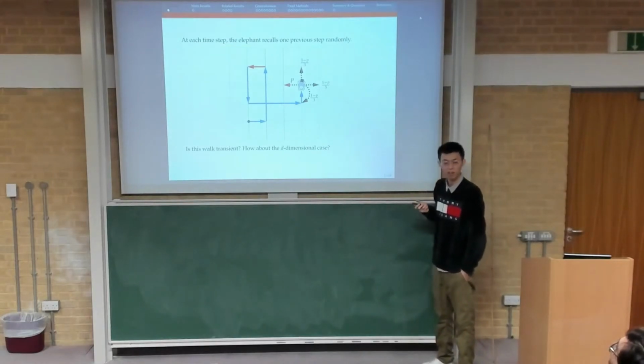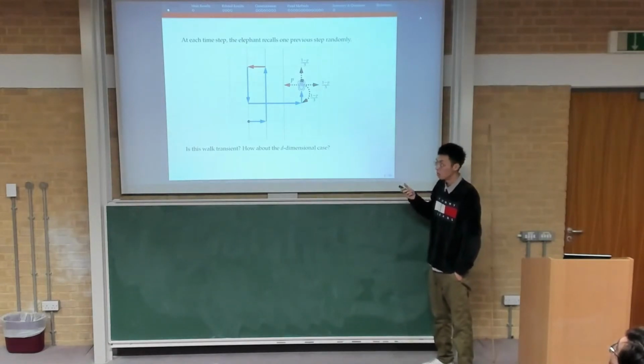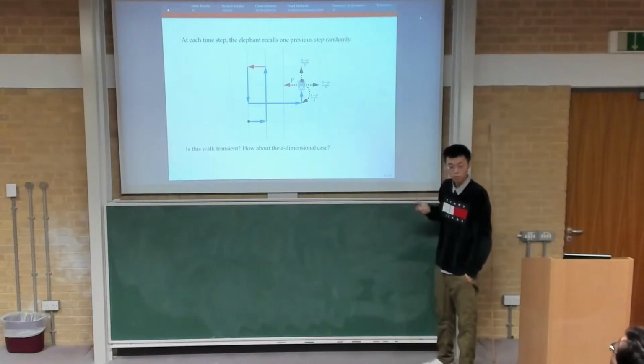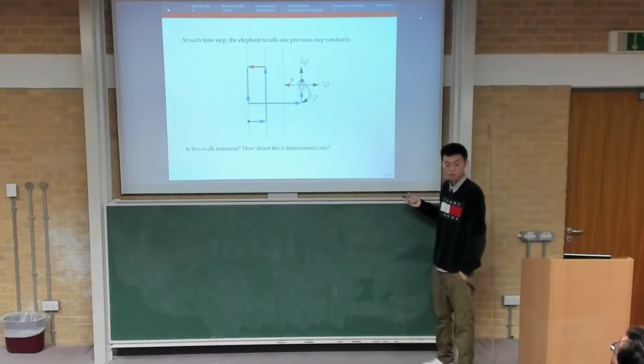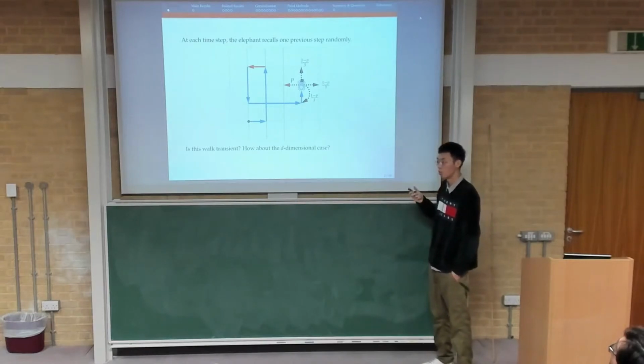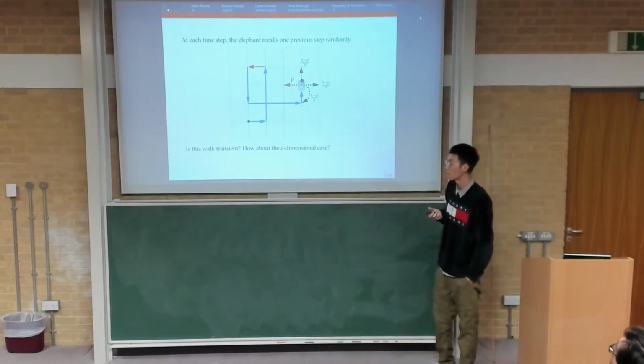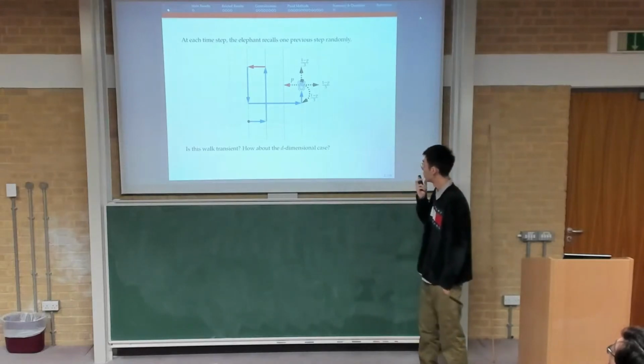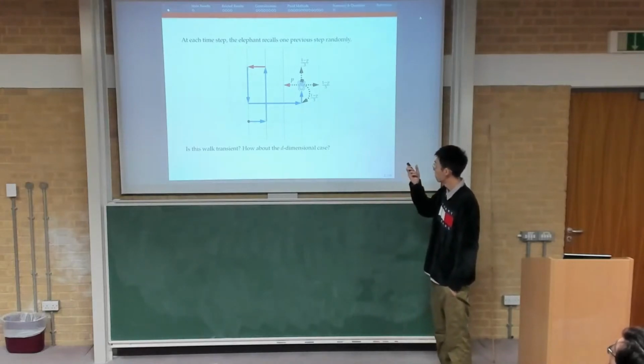One can also define it in any dimension, in Z^d. In Z^d, you first choose a previous step and repeat it with probability p. Otherwise, you choose one of the 2d minus 1 other directions, each with probability (1 minus p) divided by (2d minus 1). A special case is when p equals 1 over 2d.